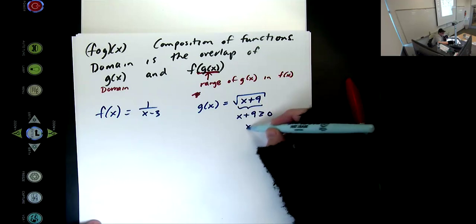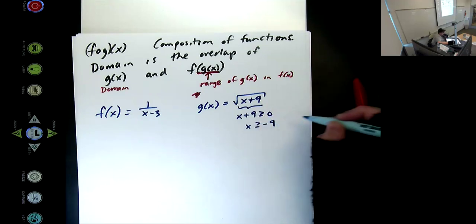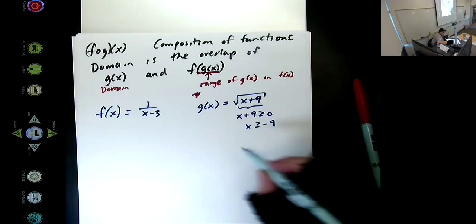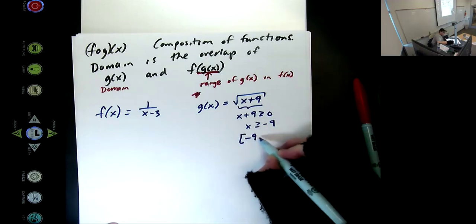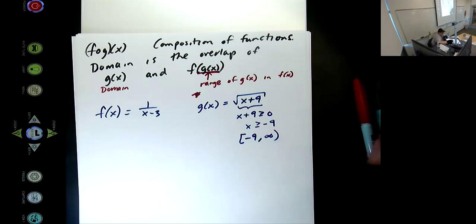And we saw x was greater than or equal to -9. So like -9 to infinity. That's the domain of g of x.